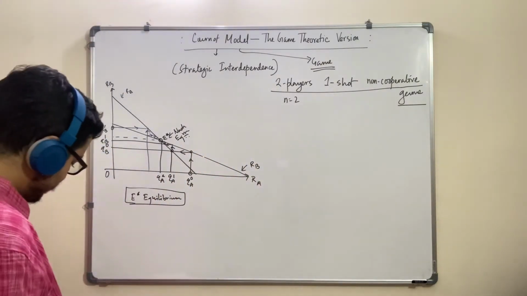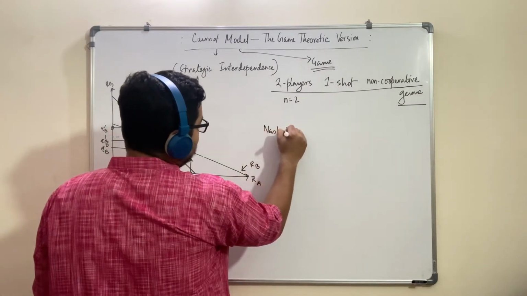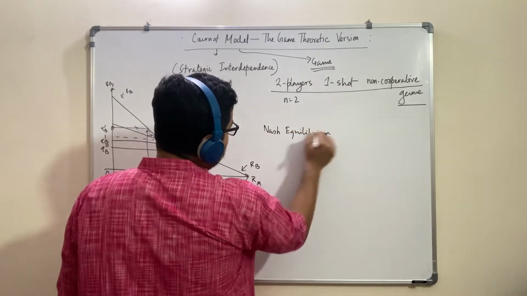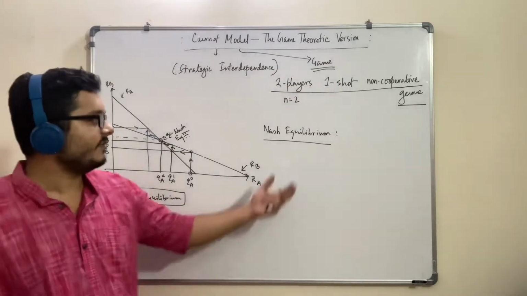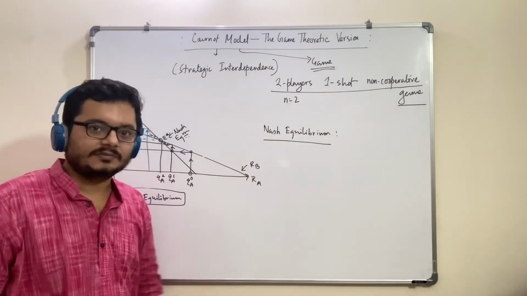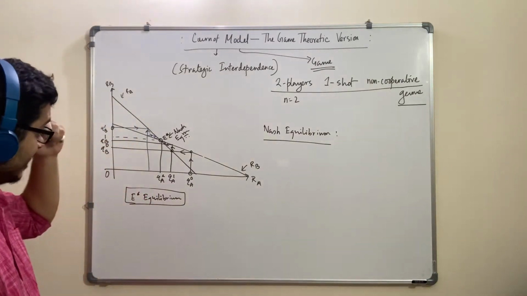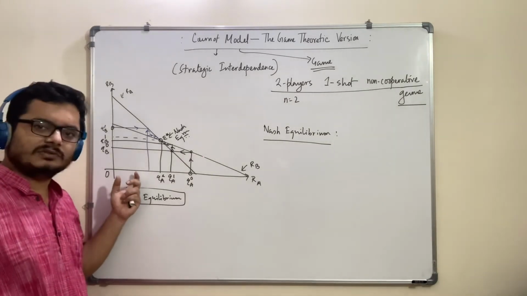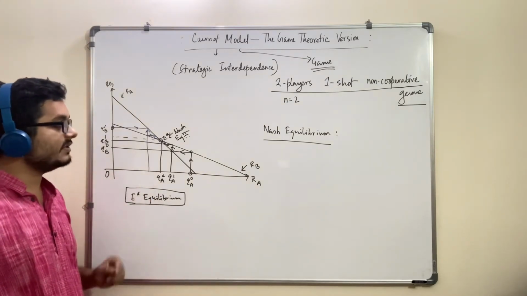Now we are looking for Nash equilibrium. But before we go into that, there is a very important assumption before finding Nash equilibrium, which is the assumption of rationality. And this rationality has to be mutual, in the sense that A will assume that B is rational and B will assume that A is rational.